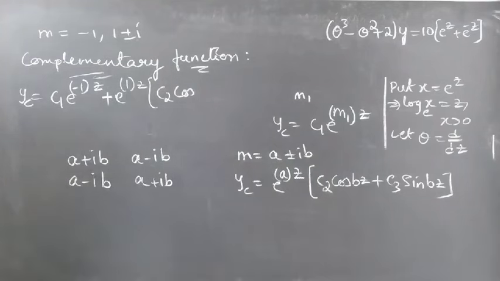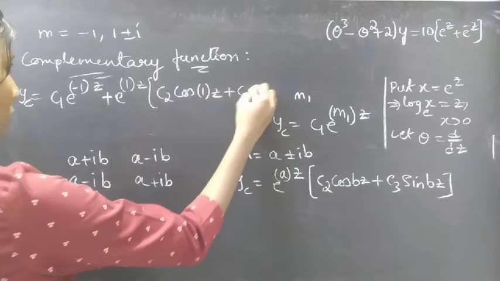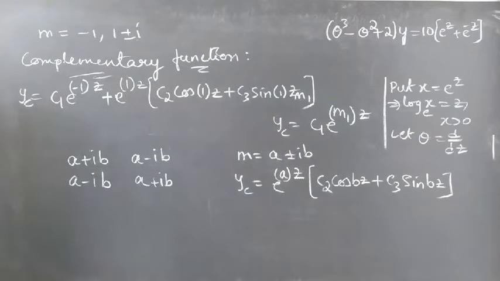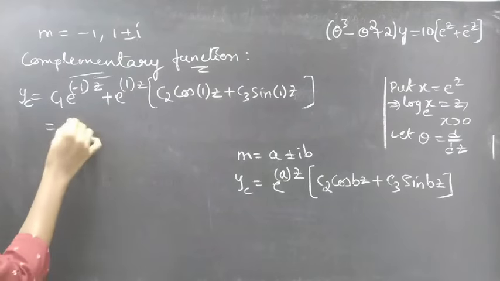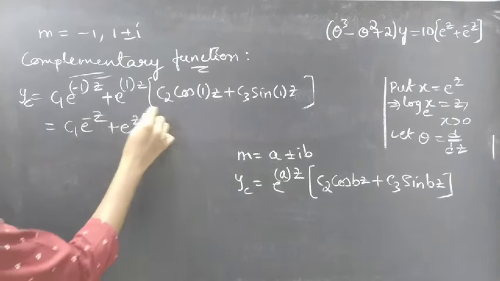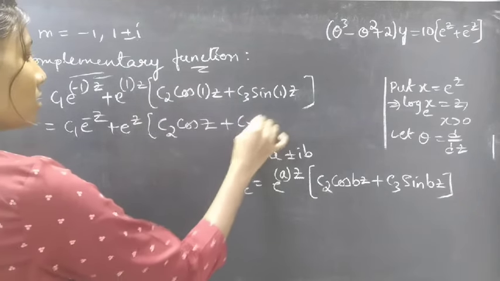Then for b equals 1, we'll get 1 into z plus c3 sin 1 into z. Right? This equals c1 e power minus z plus e power z into c2 cos z plus c3 sin z.